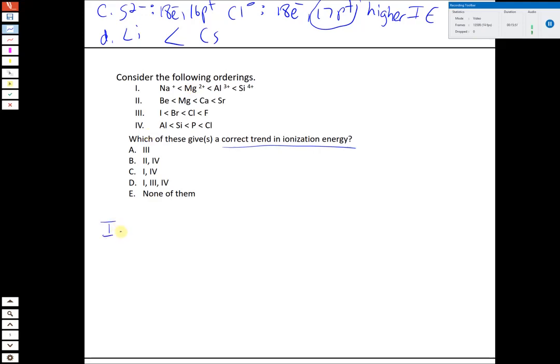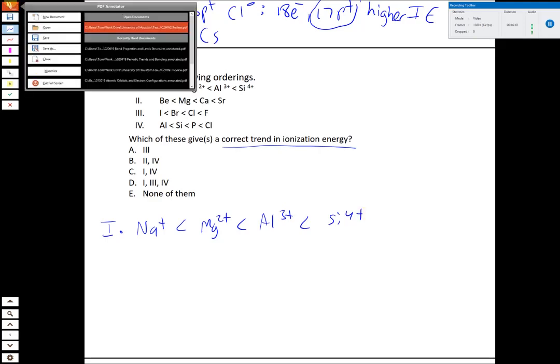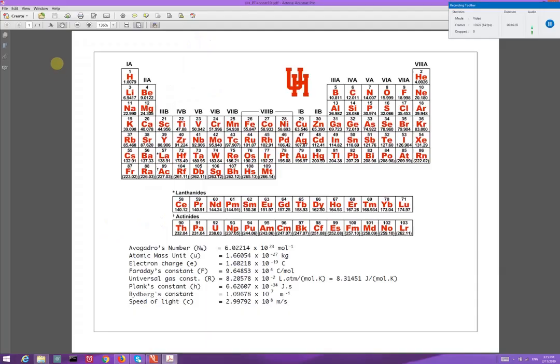So I think, given some things we've already talked about in this review, choice 1 is a very easy comparison. So if we have Na+, magnesium 2+, aluminum 3+, silicon 4+, these are ions, so if we're talking about ionization energy, let's first figure out how many electrons they have and then how many protons.